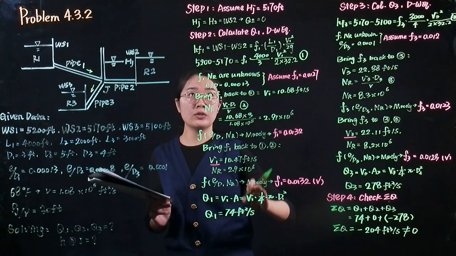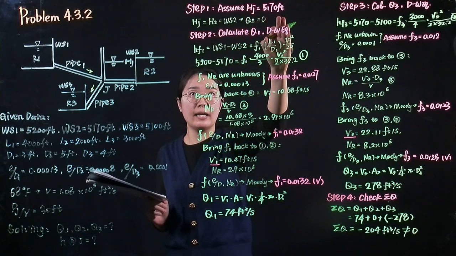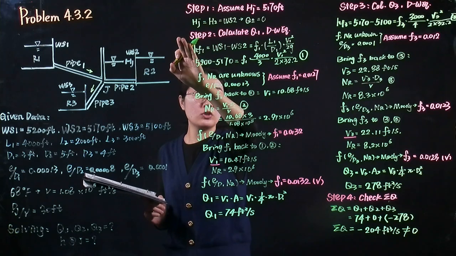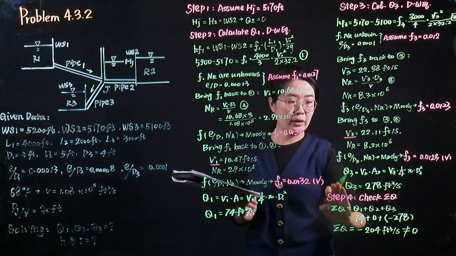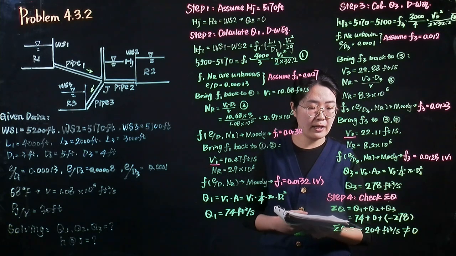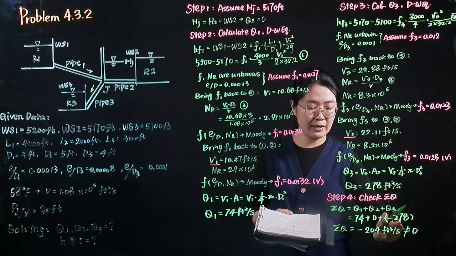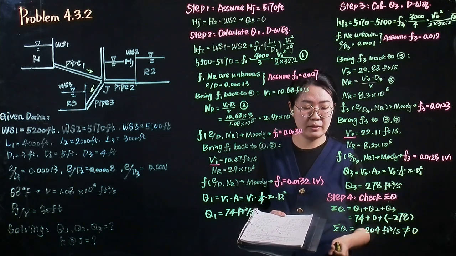Therefore, we need to make another assumption of the total head at point J, and then repeat steps 2, 3, and 4 until it equals 0. To achieve that, we want to increase the value of Q1 and decrease the value of Q3.